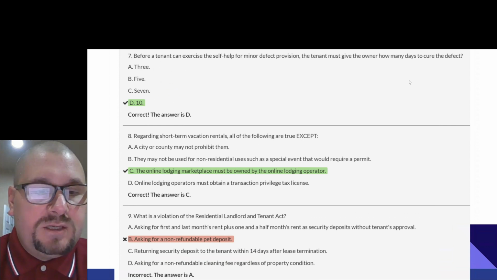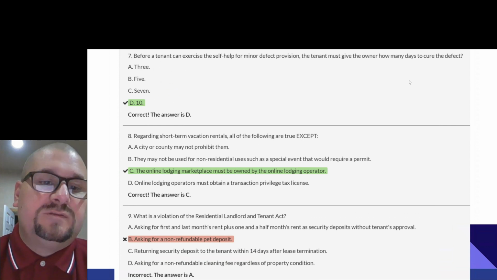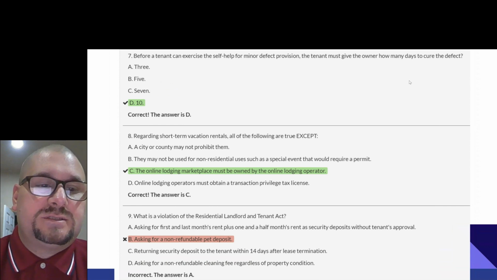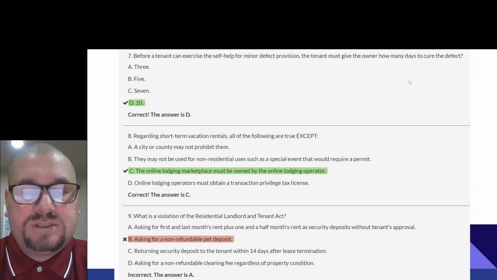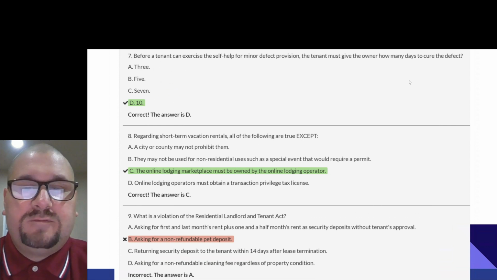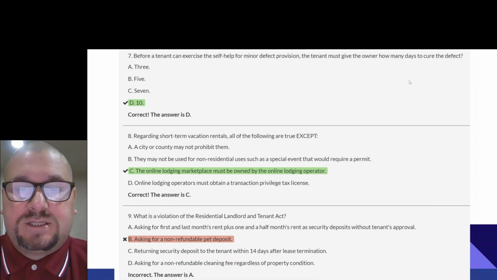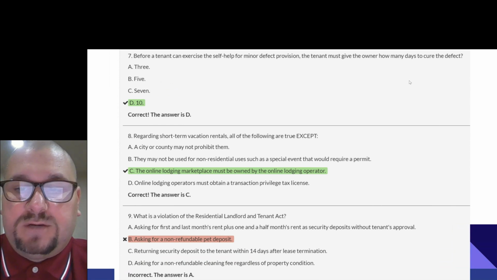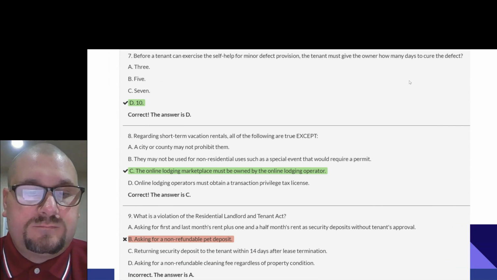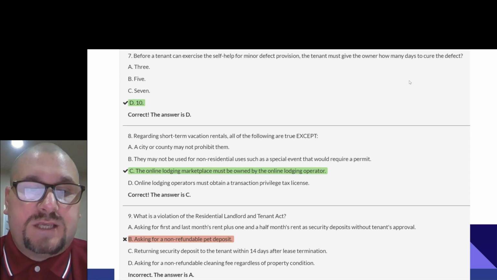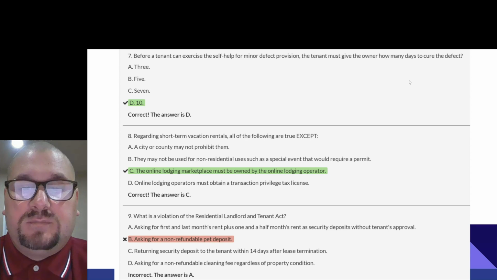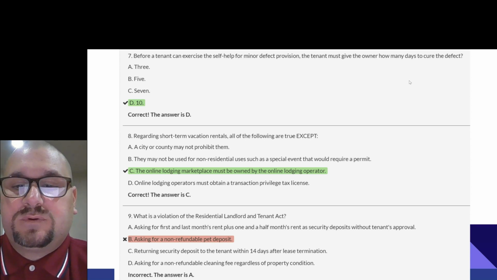What is a violation of the Residential Landlord and Tenant Act? Alpha, asking for first and last month's rent plus 1.5 months rent as security deposit without the tenant's approval.